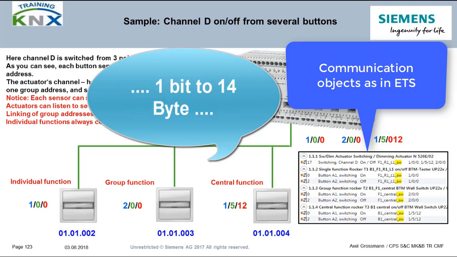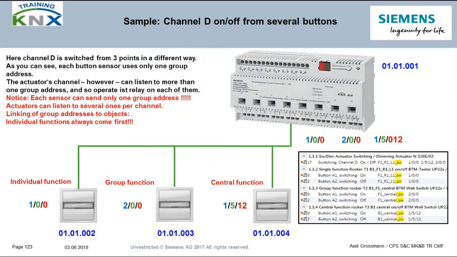They can be between 1 bit and 14 byte large. The size depends on the function. Switching requires only two states, 0 and 1, and so a switching object, like in our sample, is 1 bit large. A 14 byte large object, by the way, is used usually for short text messages.